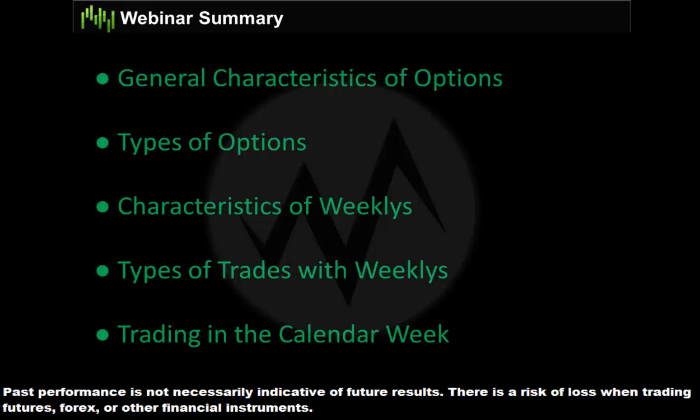Everything else can be done by combining puts and calls. Third, we're going to discuss the traits of weekly expiring options and the types of trades and strategies you can do with them. And then last, we're going to talk about the types of trading you can do in weeklies, or weekly expiring options, and what the best days of the week are to do each type of strategy.